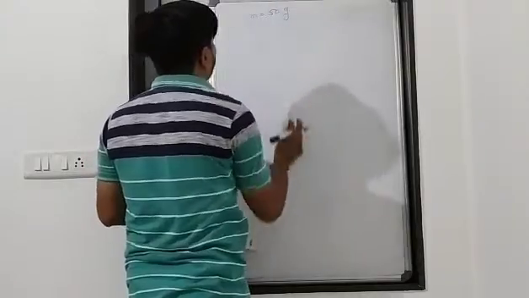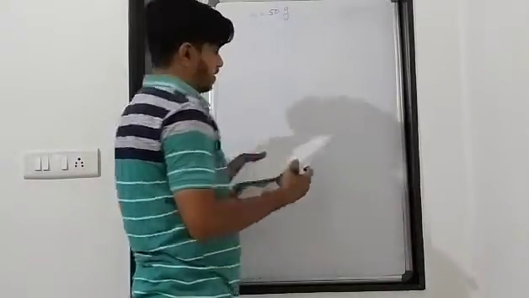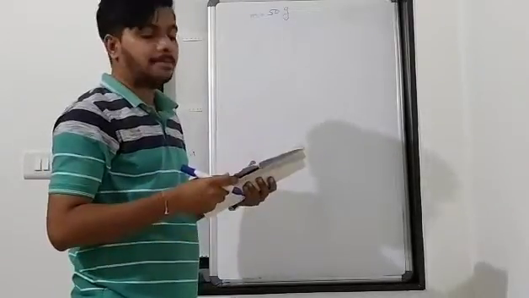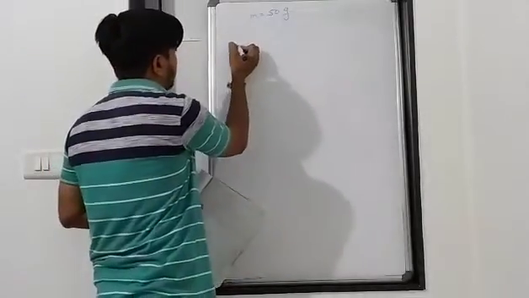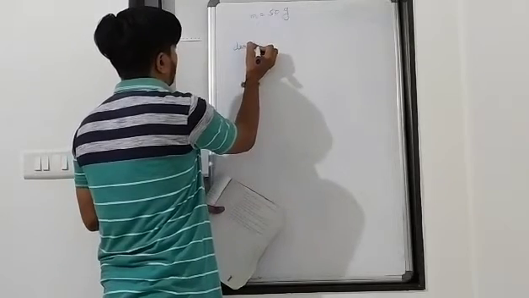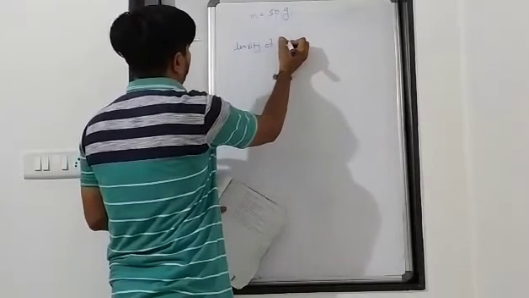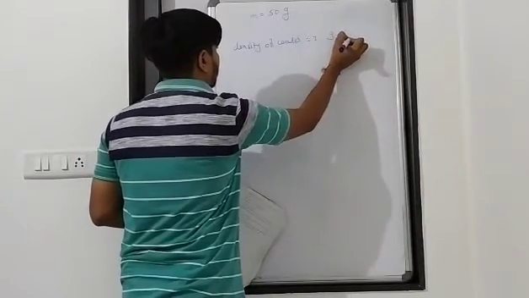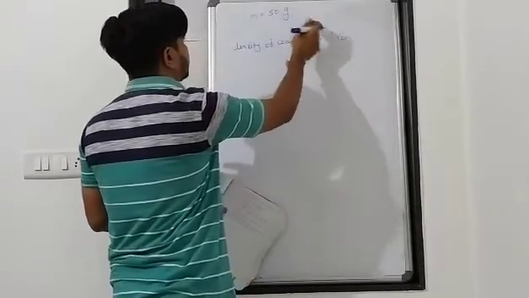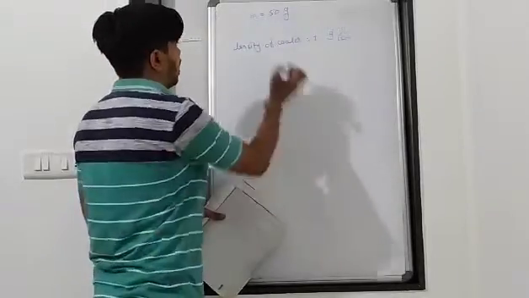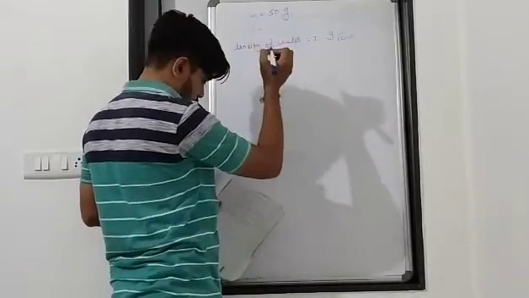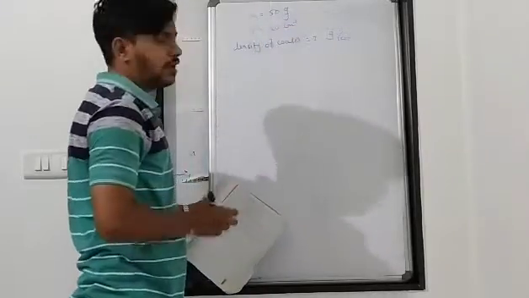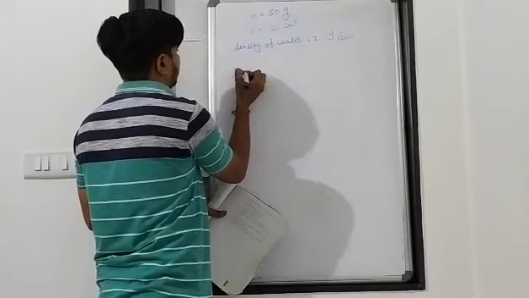You can convert it into kg, but here the density of water is also given in CGS, which is 1 gram per centimeter cube. So we do not need to change anything because both are in gram. The volume is 20 centimeter cube, so it is also in CGS.